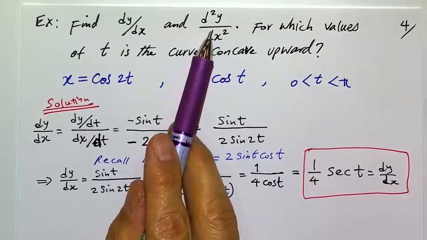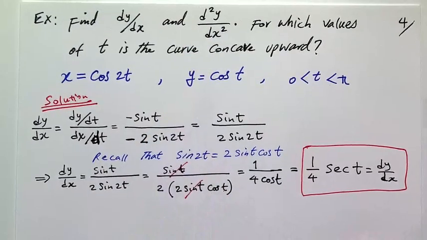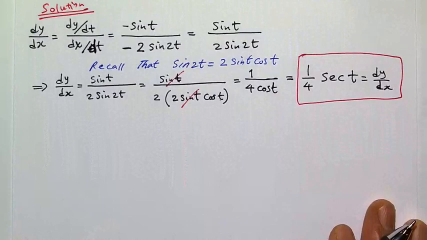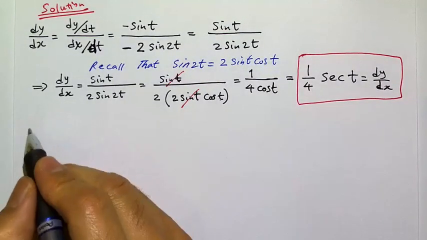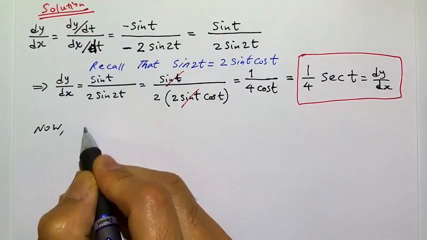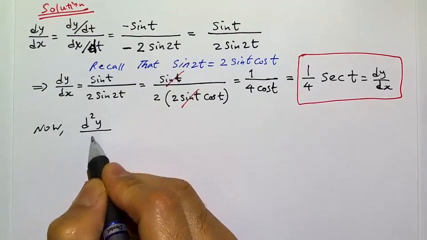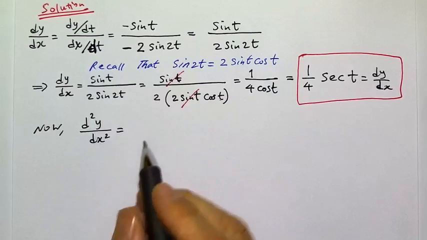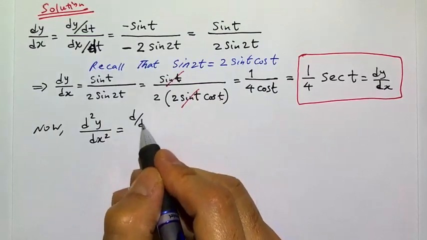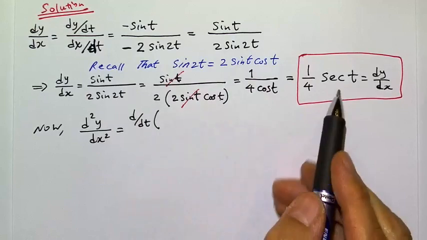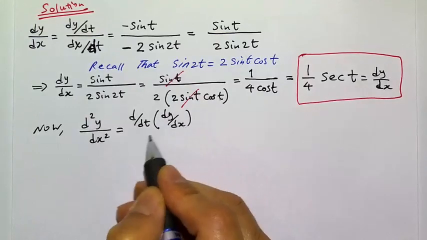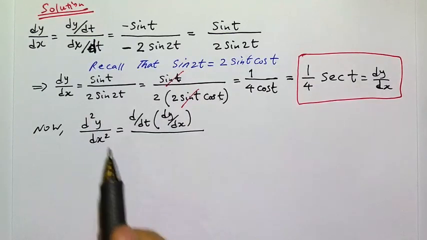Now we have to answer this question, the second derivative. So just like that formula on the front page, now d squared y dx squared is equal to, so I'm just going to write the formula, d dt of dy dx divided by dx dt.